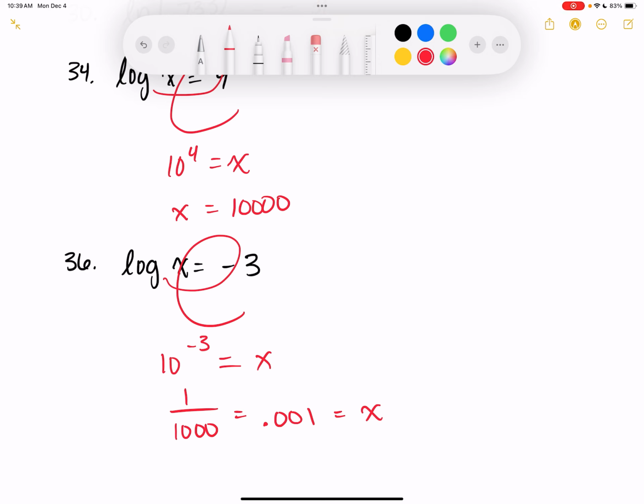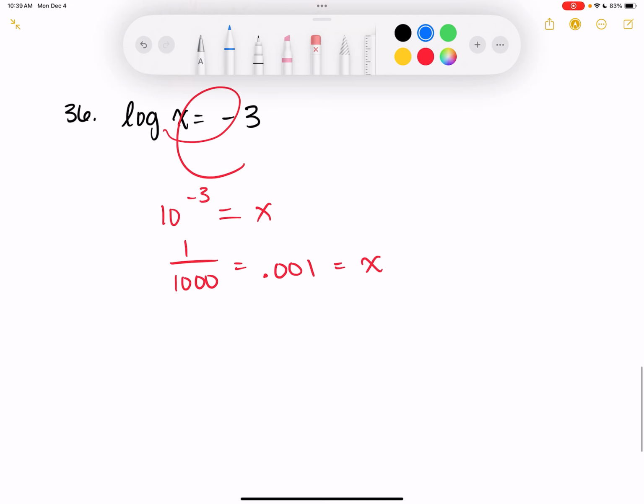So then problems, I'm just going to say 1 through 35 every other odd. Obviously, if you feel like you need more practice than that, you could do every odd, but I think we've got this section under control.